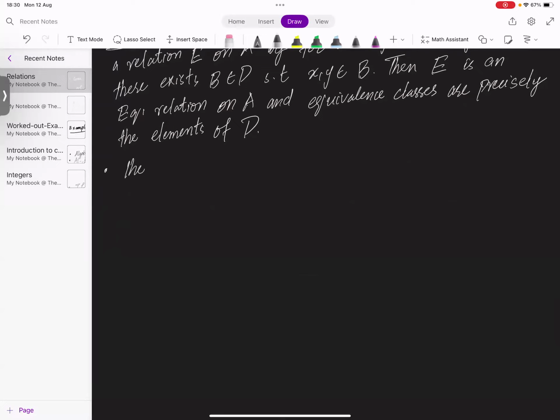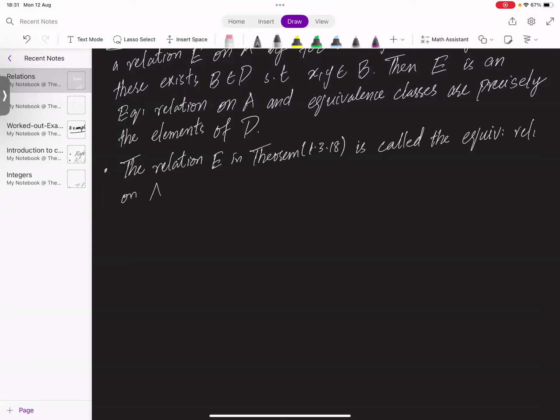The relation E in theorem 1.3.18 is called the equivalence relation on A induced by the partition P.